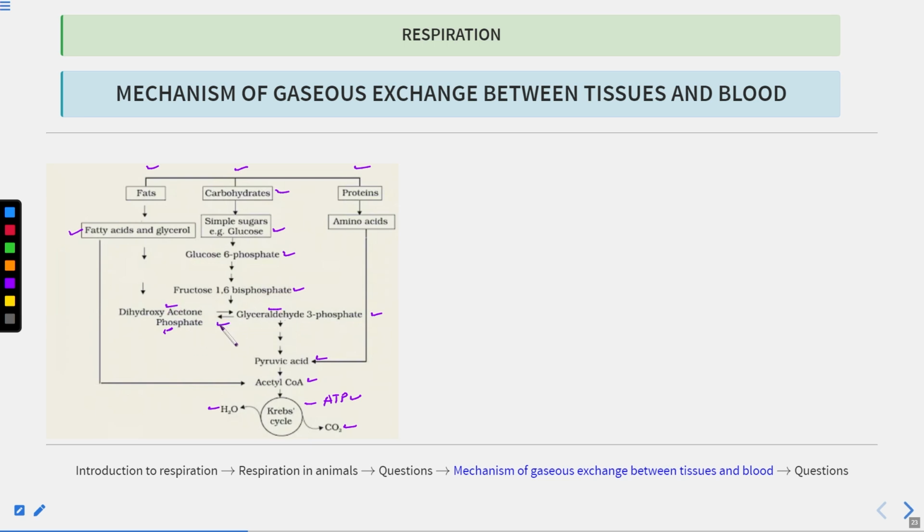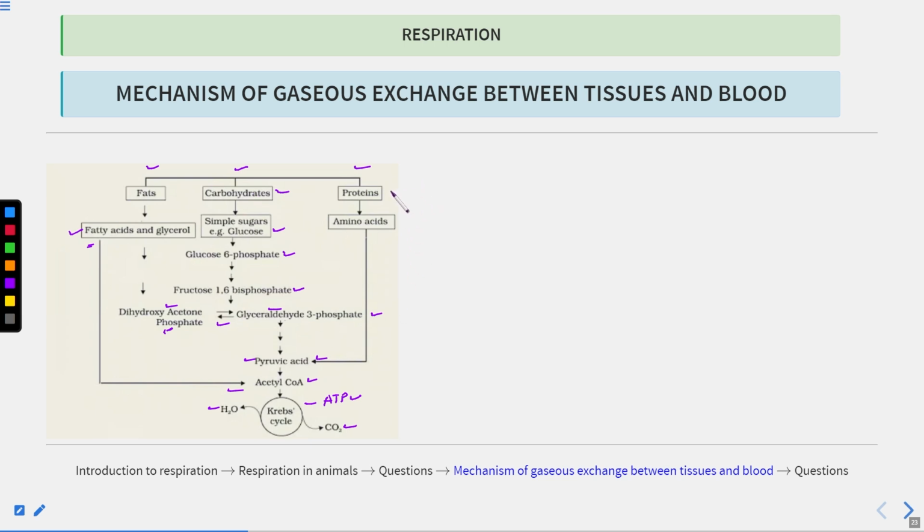These two are interconvertible. Then at the end of glycolysis, pyruvic acid is produced. All right. Here, you can see from fatty acids, acetyl coenzyme A can also be formed directly. So here finally pyruvic acid is formed from the carbohydrates.